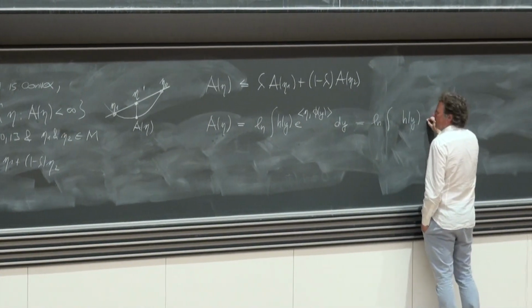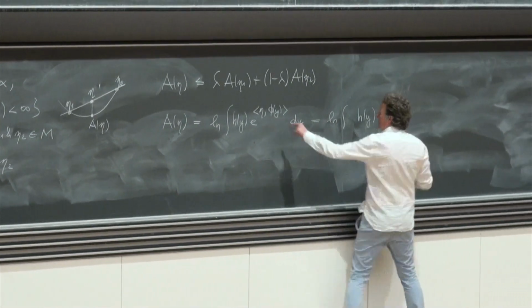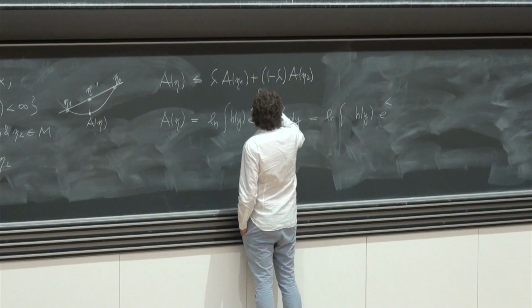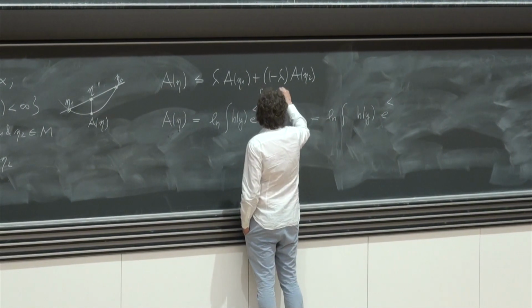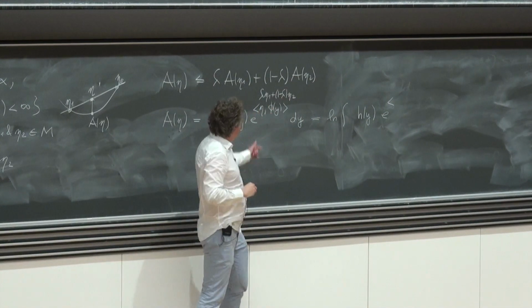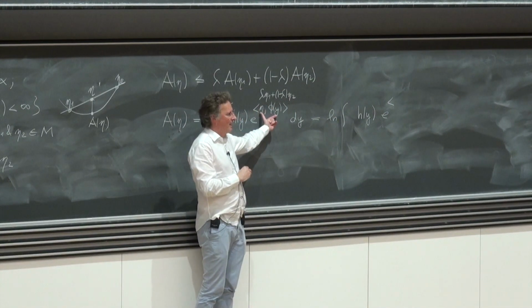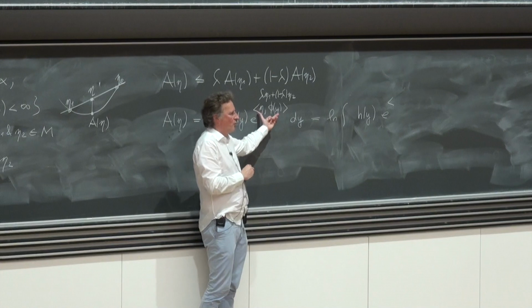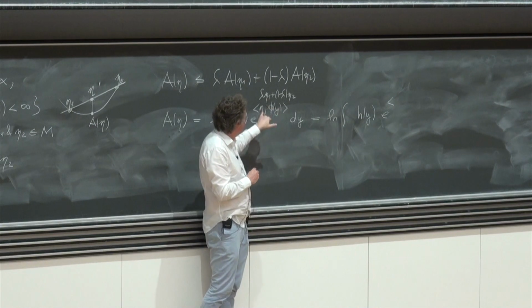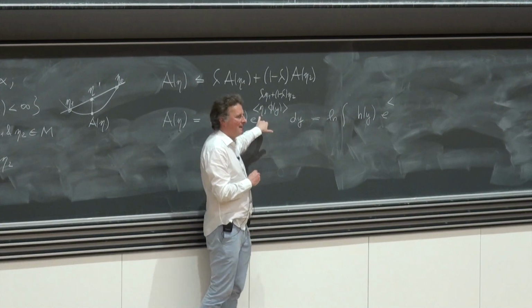The eta here, remember, is lambda times eta 1 plus 1 minus lambda times eta 2. And this is just a linear function here, so I can write this down as the sum of two terms, one with lambda and one with 1 minus lambda. Let me first take the one part that has lambda, and put the eta 1 back in here.